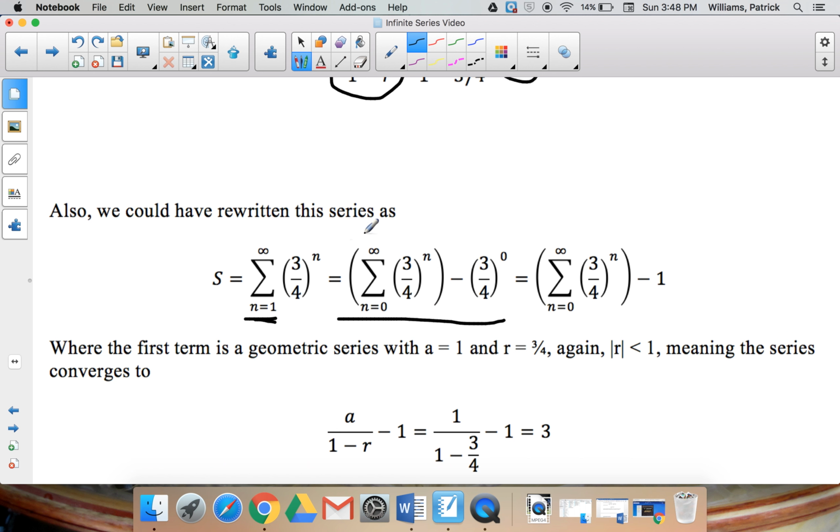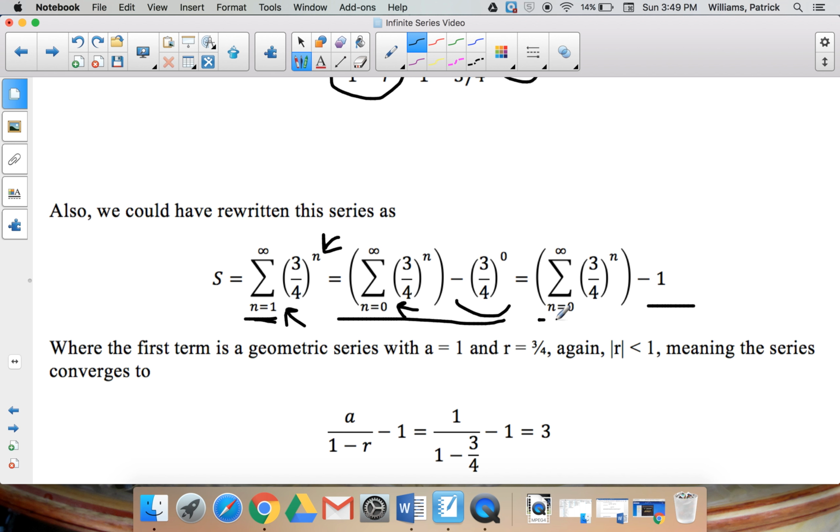So since we already had something raised to the power n, let's see if we can change this right here to be n equals 0 instead of n equals 1. Well, the way to do that is to just start it at n equals 0, but what we can do is, once we evaluate the entire series, just subtract that n equals 0 term from the entire series. That way it's going to go away, okay? So 3/4 raised to the 0, well, that's just equal to 1.